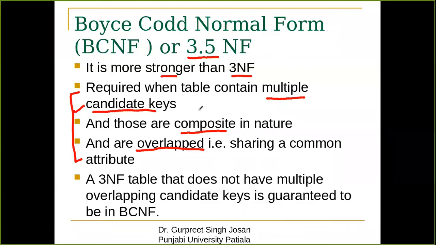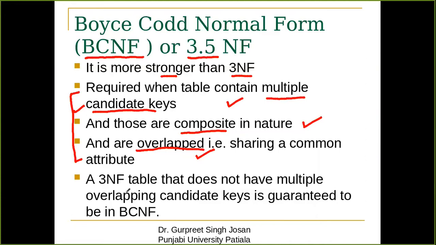So if these three conditions are satisfied, that is, your table contains multiple candidate keys, all the candidate keys are composite in nature, and there is a sharing of a common attribute, meaning there is an overlapping of some attribute in the candidate keys, then there is a need to further decompose that table in order to get it into BCNF form.